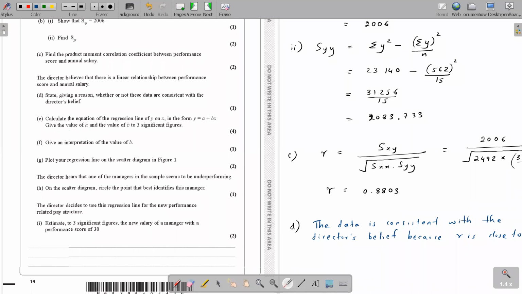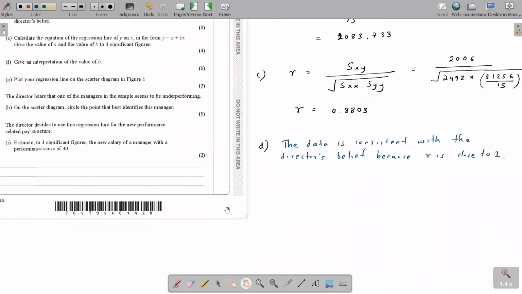Part E. Calculate the equation of the regression line of y on x in the form y equals a plus bx. So you know how to get the regression line, right? Y equals a plus bx. What is the equation for b? B equals Sxy over Sxx.